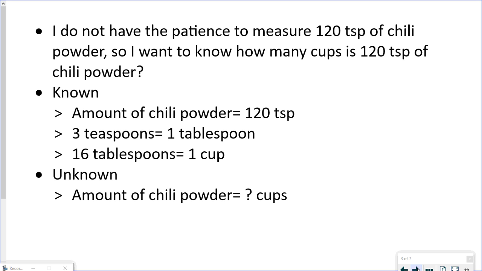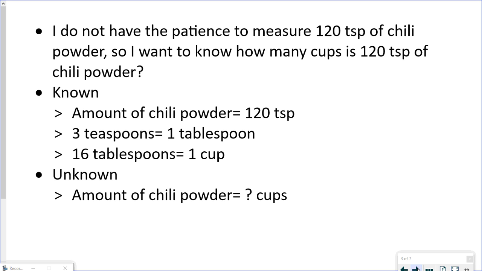I know that I'm starting out, I need 120 teaspoons, so that would be your starting point. Things that I know from cooking, I know that 3 teaspoons is equal to a tablespoon. And I also know that 16 tablespoons is equal to a cup. So we could actually measure out cups.